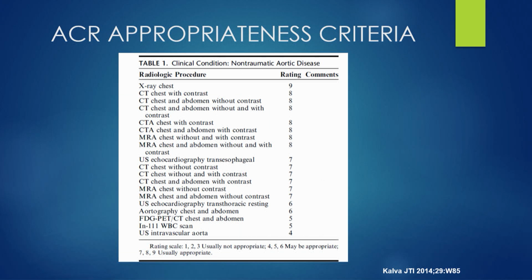And then just to finish by mentioning a couple of criteria. So you can see that the X-ray should be obtained not because it's diagnostic of aortic dissection, but because it is useful to rule out other things. That's the major reason. And then beyond that, much of what you're going to see is going to be chest CT with contrast and MRI following below that.